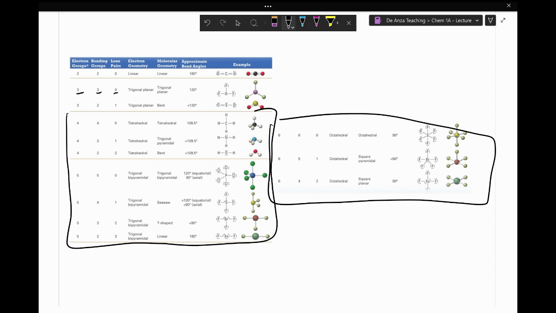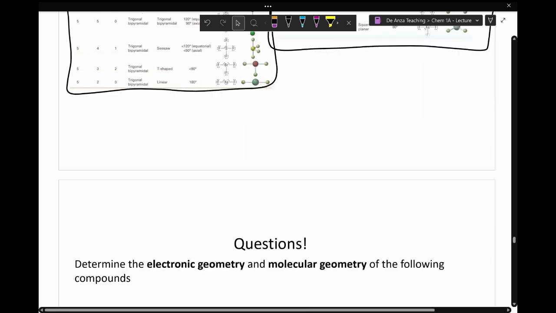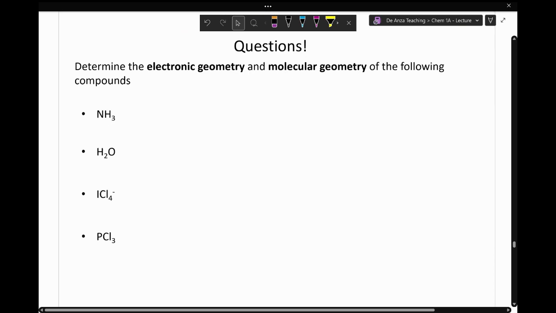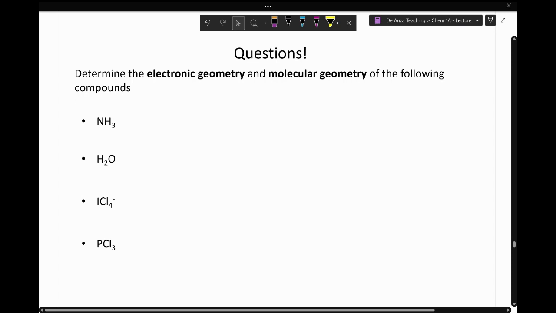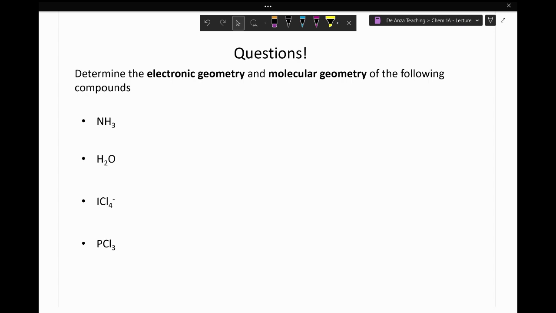So subbing out one bonding group at a time for a lone pair. And so what I want you to do right now is to look at the following molecules and determine the electron geometry as well as the molecular geometry. So I'll have you pause right here, and then we'll answer that in just a second.